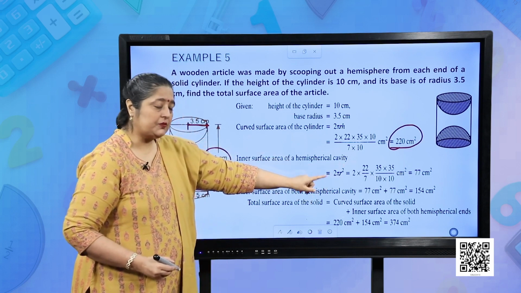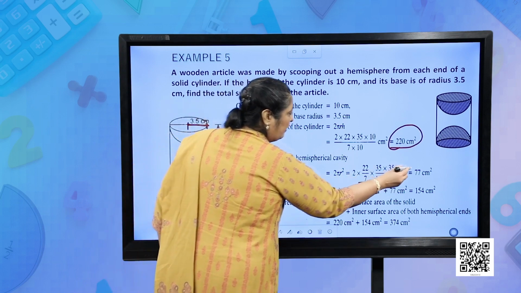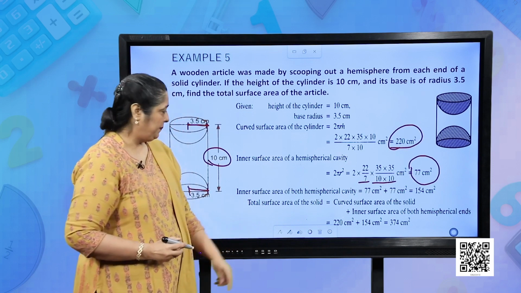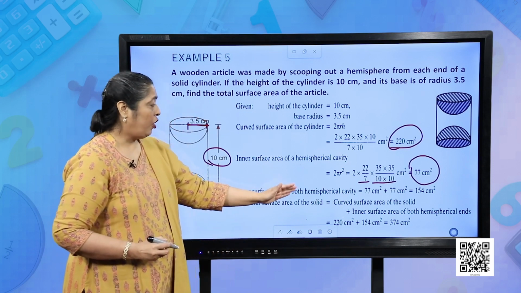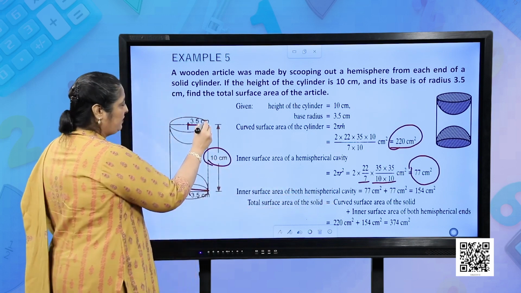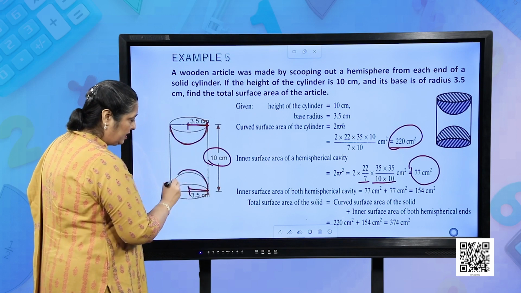Now, again substituting the value of pi and r square, we have the value as 77 centimeter square. Inner surface area of both the hemispherical cavity. Why both? Because we have one hemispherical cavity here and the other here.